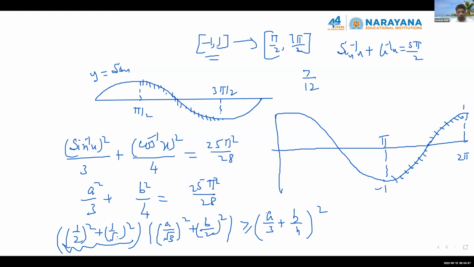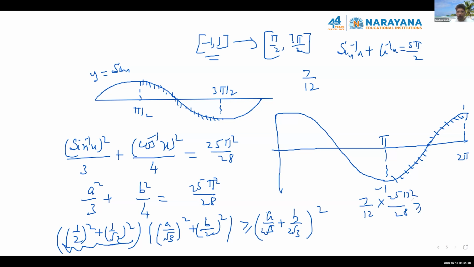So if I do that, this will be A by 2 root 3 and B by 2 root 3. So LHS is going to be 1 by 4 plus 1 by 3, that is 7 by 12, multiplied by 25 pi square by 28.